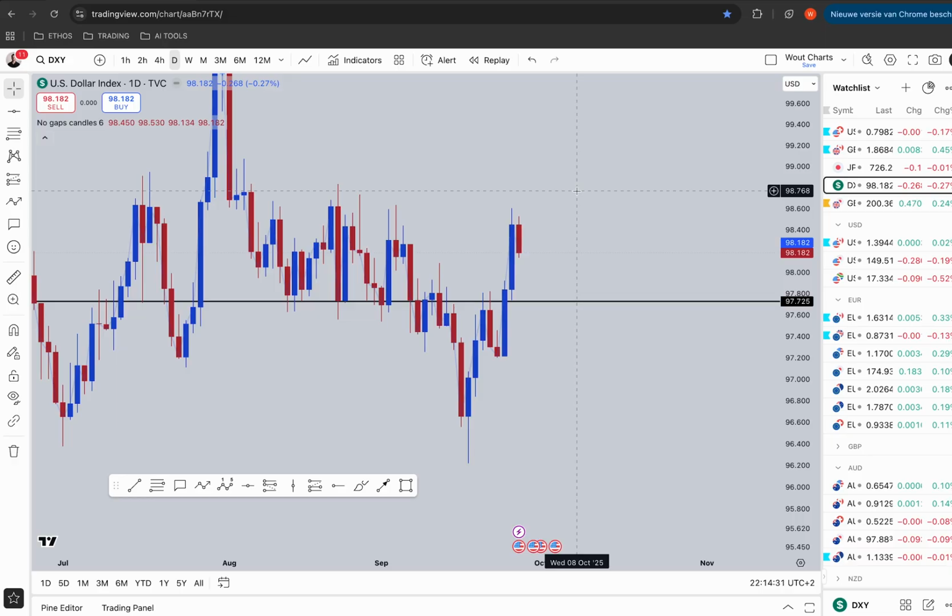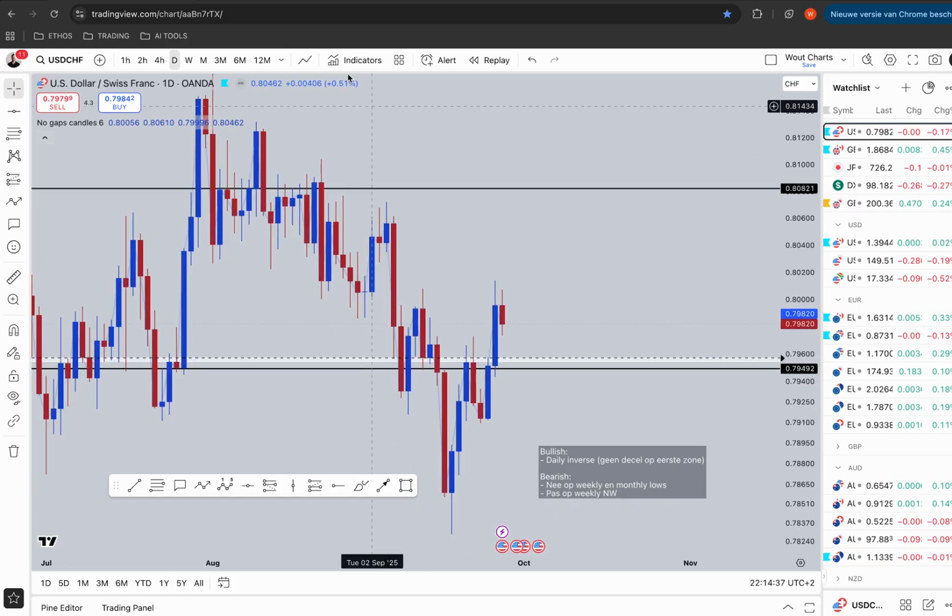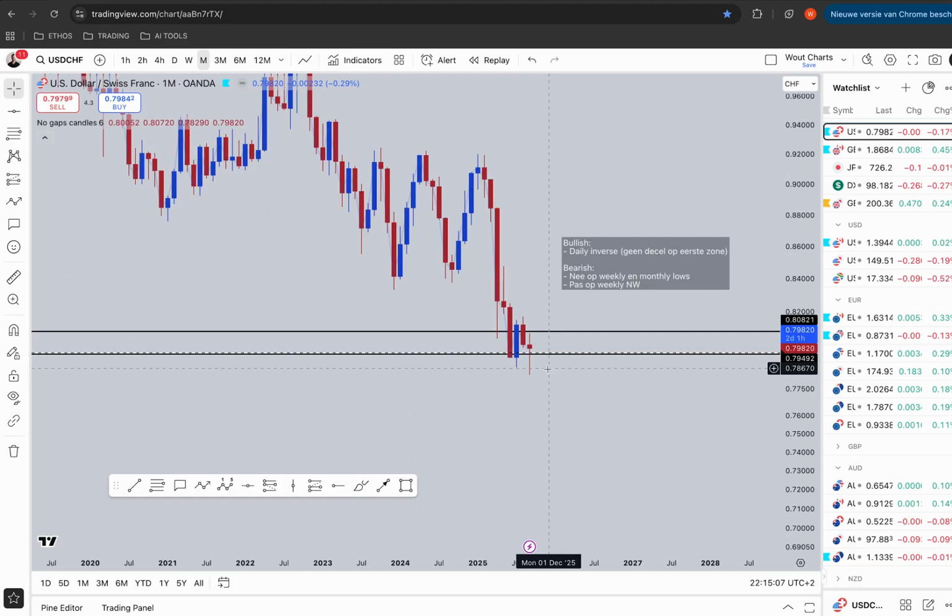Taking that into account, my first setup that I'm looking at the moment is USD/CHF. Let's start off with the monthly. As you can see, we're at all-time lows, and how it looks right now is that we're going to close nice and bullish above the zone.